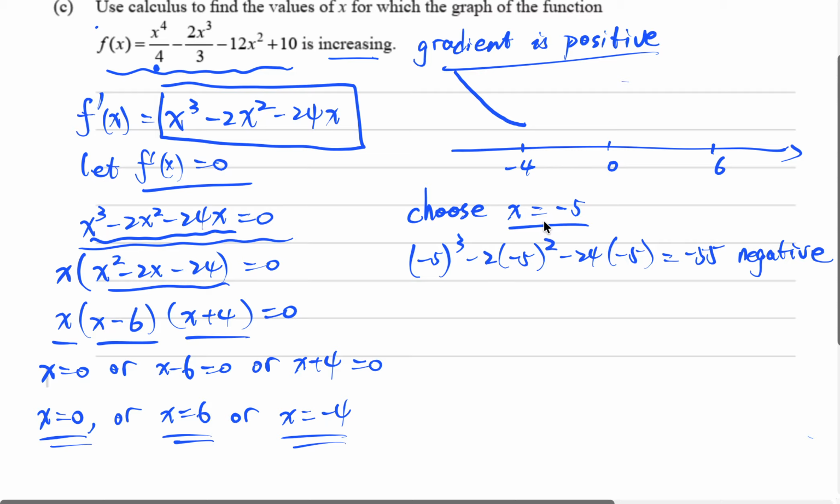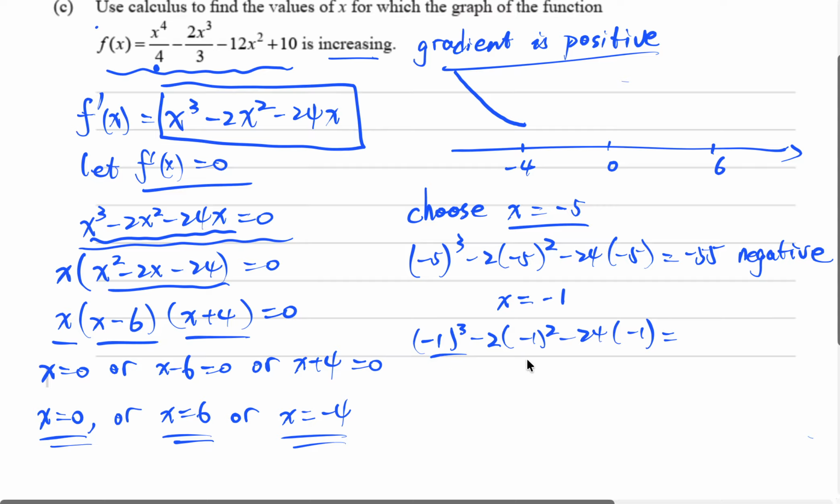So I need to choose another point between negative 4 and 0. When x equals negative 1, it gives me negative 1 cubed minus 2 times negative 1 squared minus 24 times negative 1.